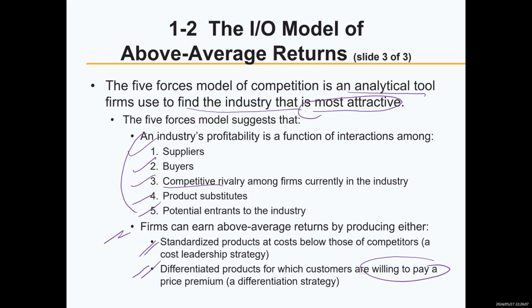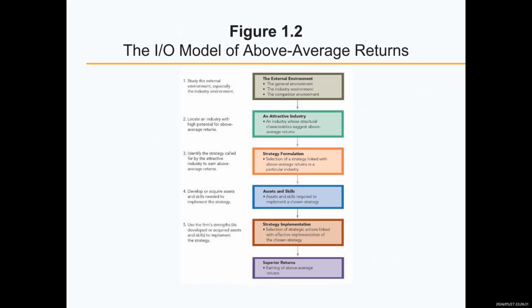If you make these kinds of products, it means you are following a differentiation strategy. While with standardized products, you are focusing on controlling cost, hence we call this a cost leadership strategy, right? So let's talk about the model here.